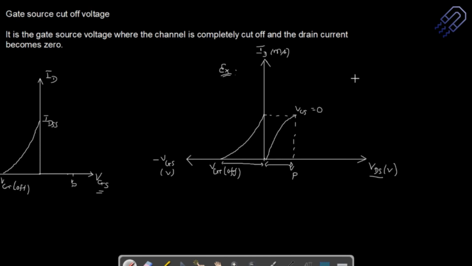The question might be, write the equation for drain current. So this graph might be given, and the values will be given to you. In that way you can write down the equation of drain current.